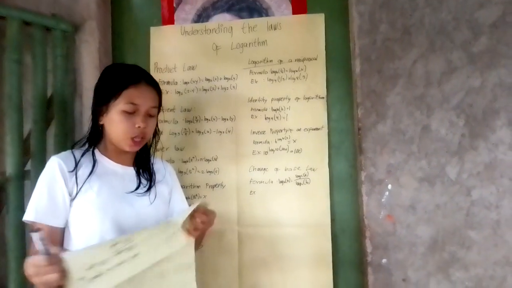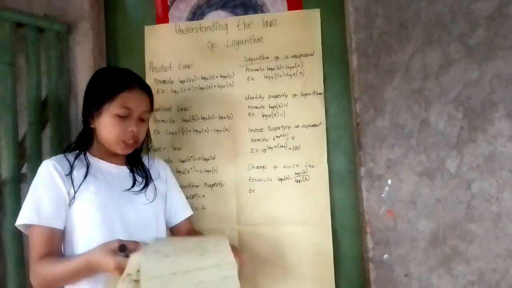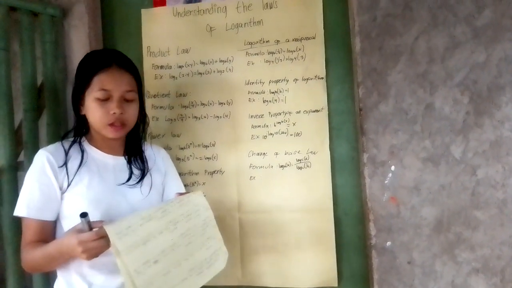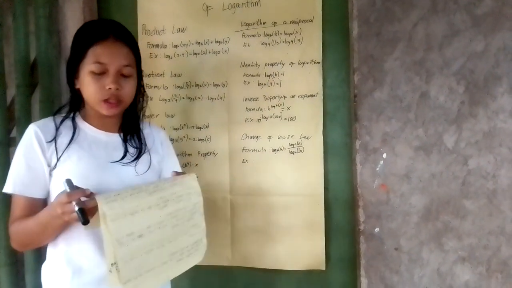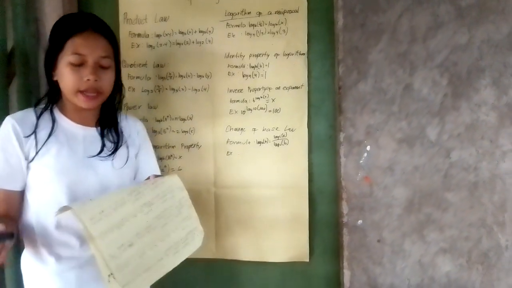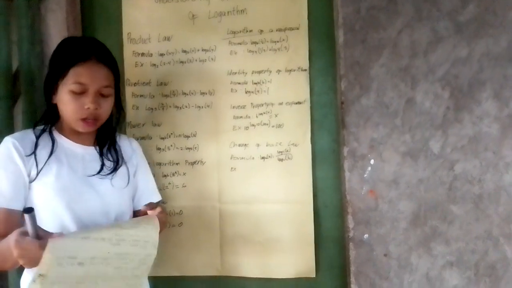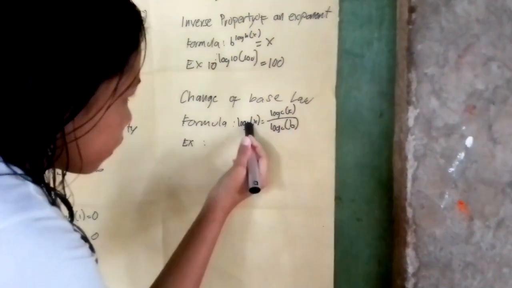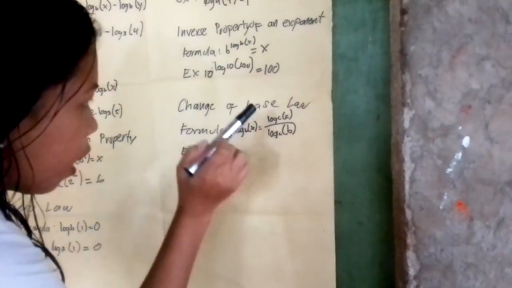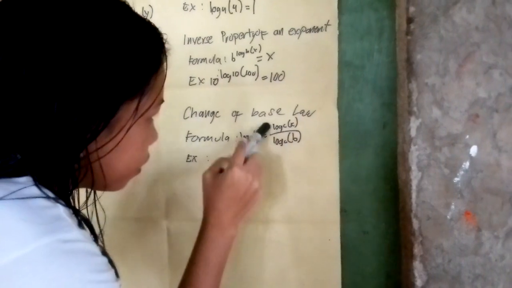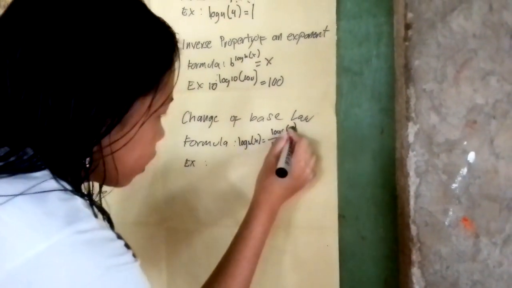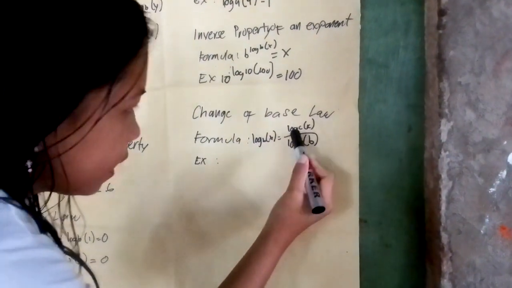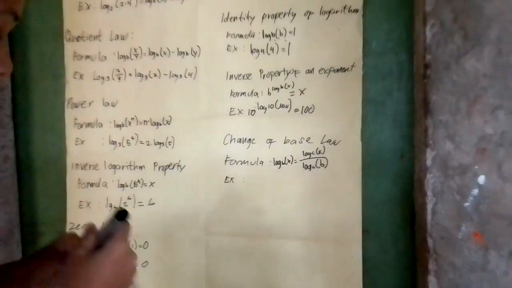So last one, the change of base law. The change of base law allows us to switch between different bases when we're working with logarithms. So the change of base law formula is log base b, quantity of x, equivalent to log base c, quantity of x over log base c, quantity of b.